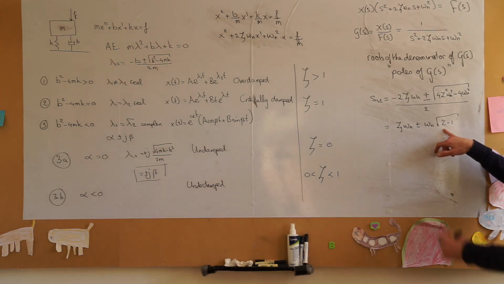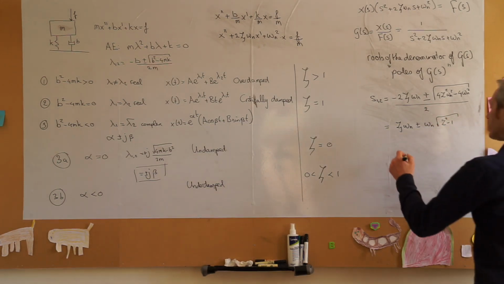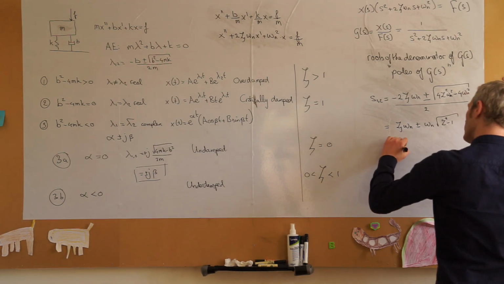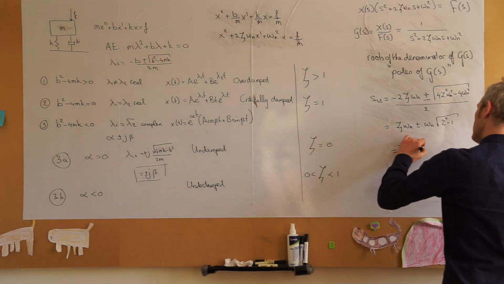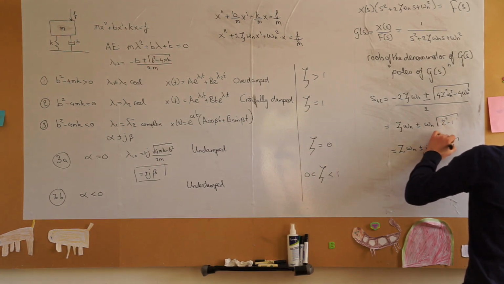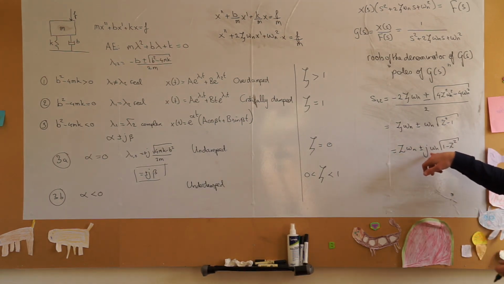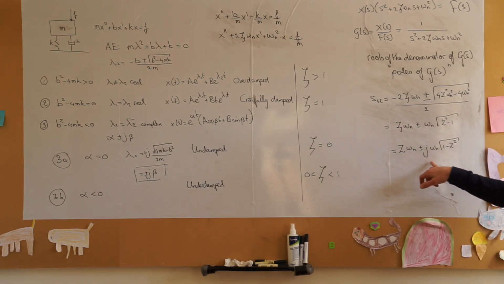And if zeta is between 0 and 1, this will become negative. And we have poles of the form minus zeta omega n plus or minus j omega n times the square root of 1 minus zeta squared. Now I flip these around so that this is a positive number, and the square root of minus 1 is turned into this j.